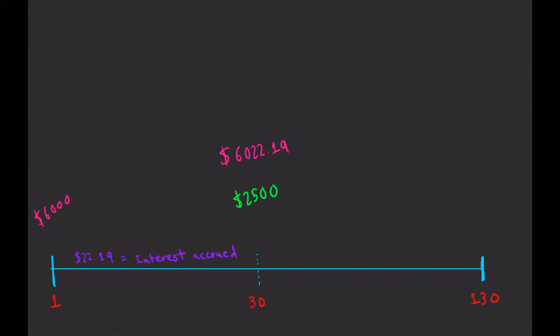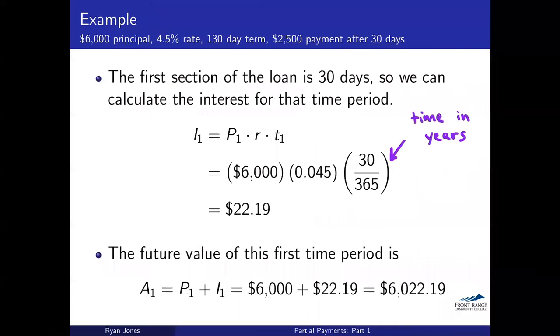And we can see here that I've calculated that my future value is just the principal amount plus the interest, 6,000 plus that 22.19. So that's the amount that I owe on day 30. 30 days into this loan, they're going to say, hey, thank you. You've borrowed $6,000. Now pay us back $6,022.19.